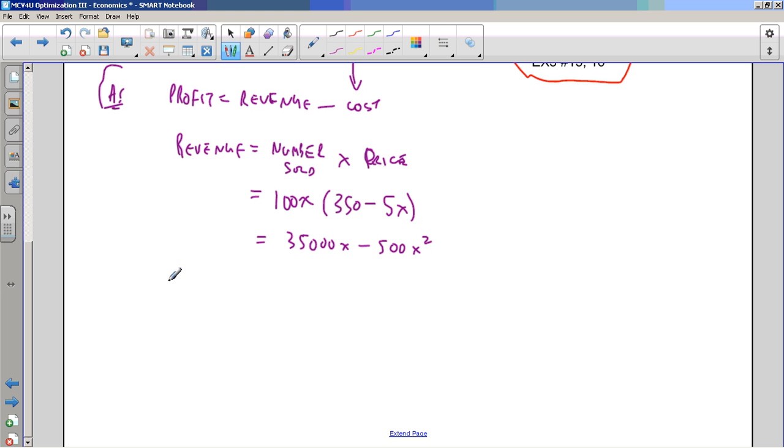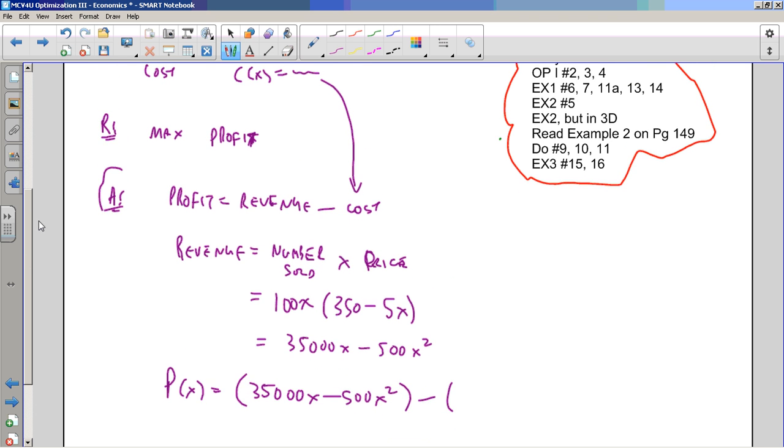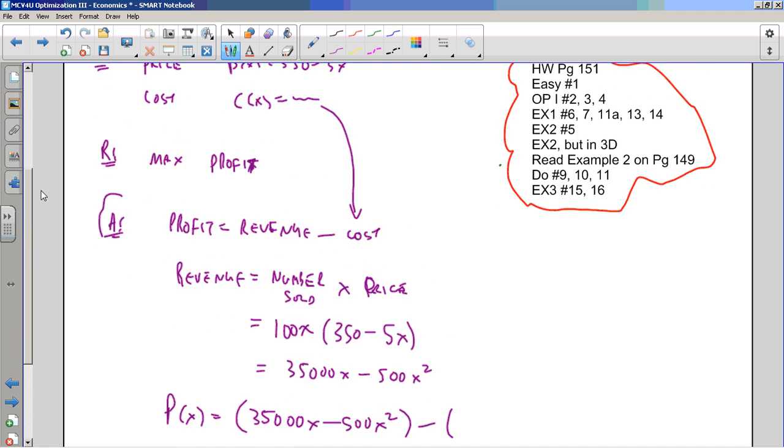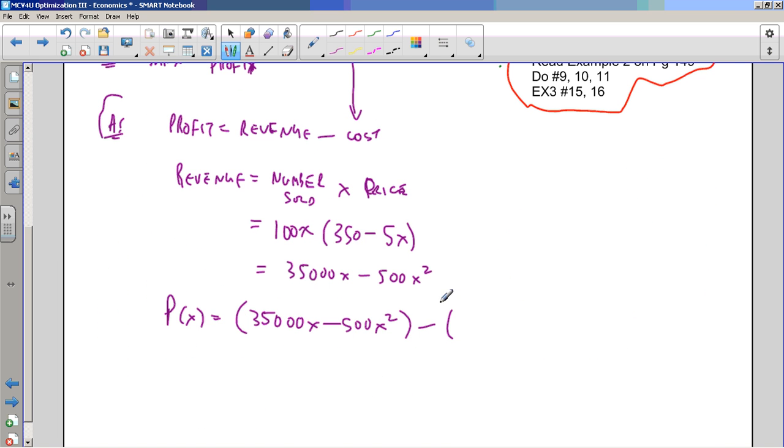So what's the profit function? Then the profit function is this revenue function, subtract the cost function, which I scribbled out before, but it's this big number: 200,000 plus 8,000x plus 125x squared.